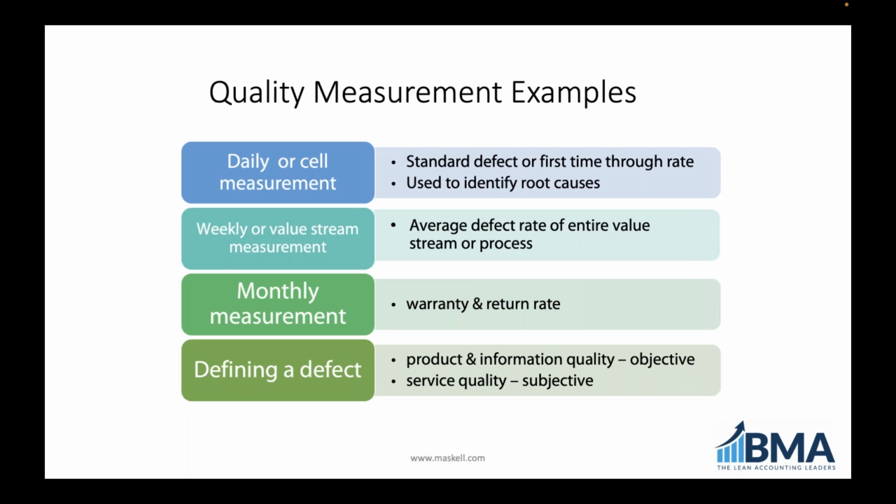I know that, at a monthly level, leaders want to understand quality, but they really can't do much no matter what number you give them. They really can't do a whole lot in terms of helping identify root causes with the numbers you give them. You have to be closer to the action to understand the root causes.